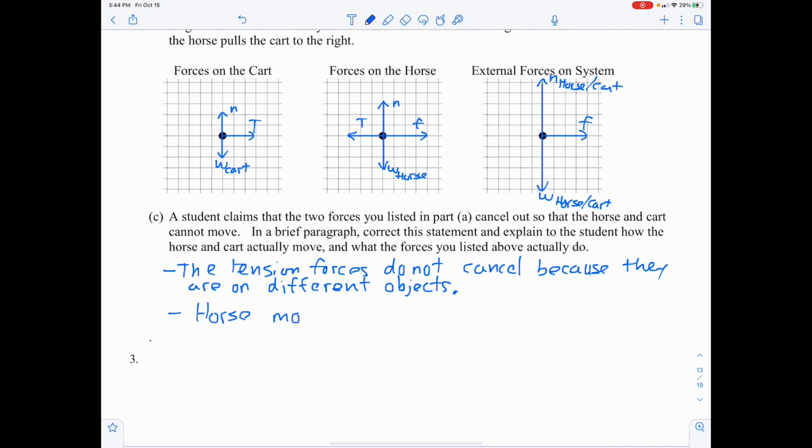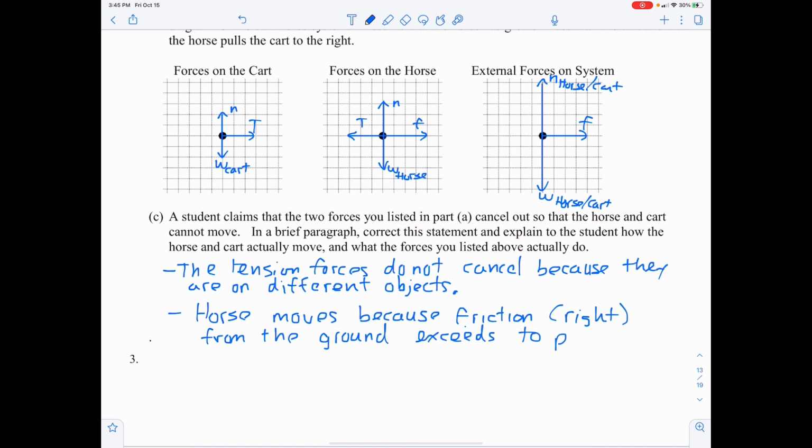The horse moves because friction to the right from the ground exceeds the pull of tension on the horse to the left.